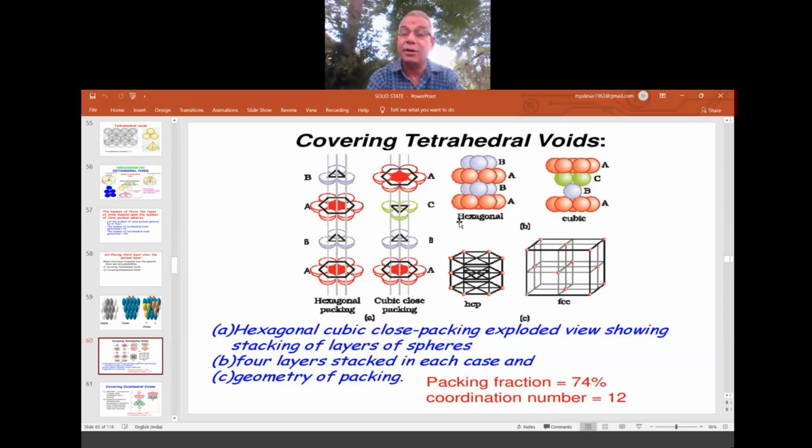So you can see that each sphere, each particle, is surrounded by 12 other particles, so its coordination number is 12. Easily you can understand. So the coordination number of that packing, CCP or FCC, becomes what? 12. Just use your imagination power to see how they are arranged.